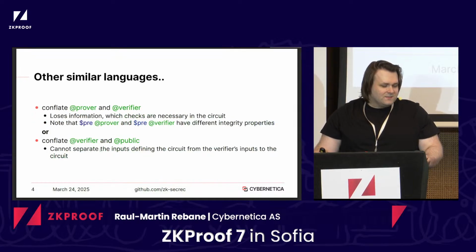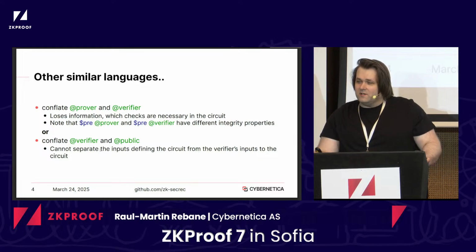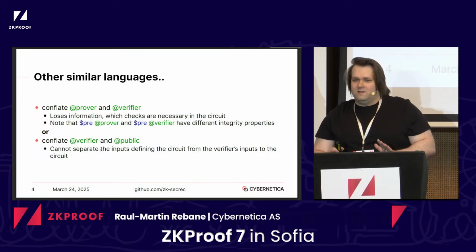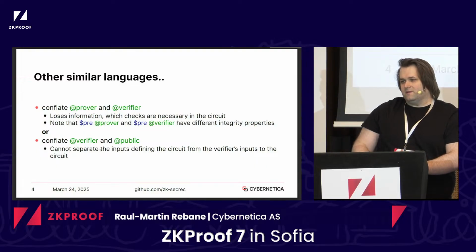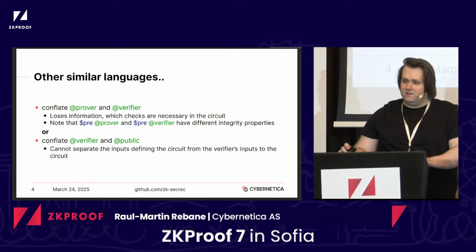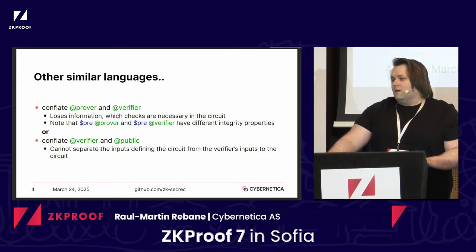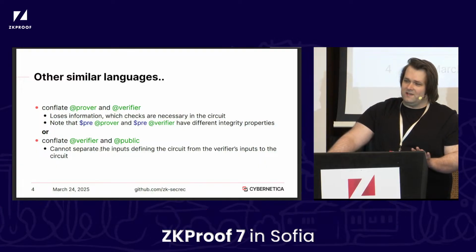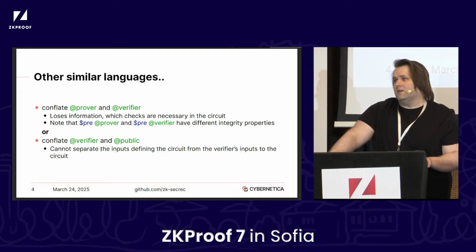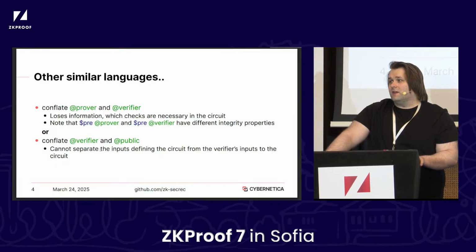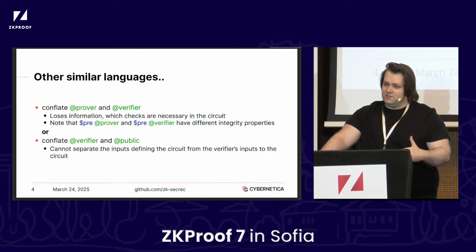This differs a bit from the other languages, which typically have a public-private type. But those tend to conflate two things. Either they conflate the prover and the verifier, in which case certain checks cannot be automated. For example, if I have some process in which I'm loading in integers, and I wouldn't trust the prover to correctly hand them to me, I might run some checks when the prover supplies these integers, but not when the verifier does.